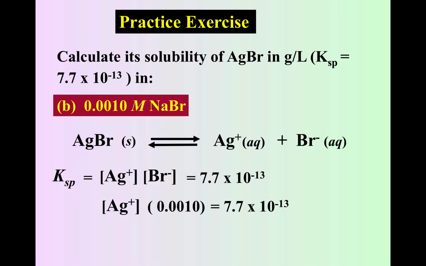So it's no longer X amount of silver and X amount of bromide. That's gone. You've got a whole bunch of bromide in there, and that's going to make the amount of silver much smaller. So divide both sides by 0.01 and solve, and you get much less silver ion going into solution.